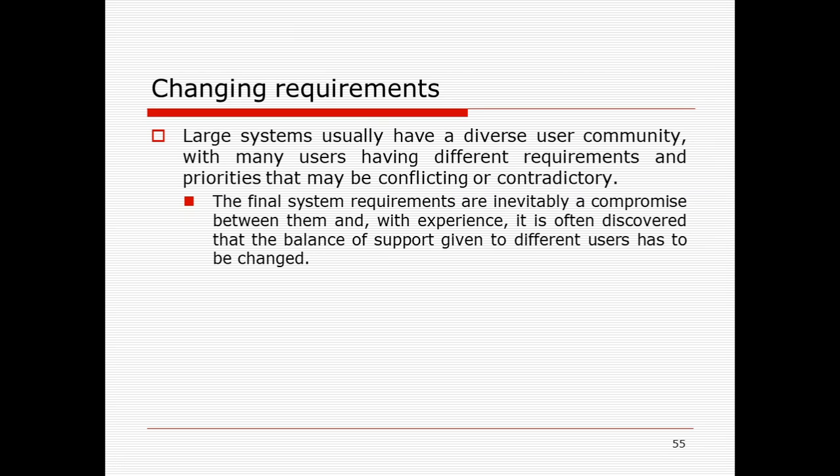A compromising requirement has to be stated there. It is often discovered that the balance of support given to different users has to be changed. So somewhere between the conflicting requirements, some compromise has to be adopted and set in the final requirement document. That is how the changing requirement has to be dealt with.